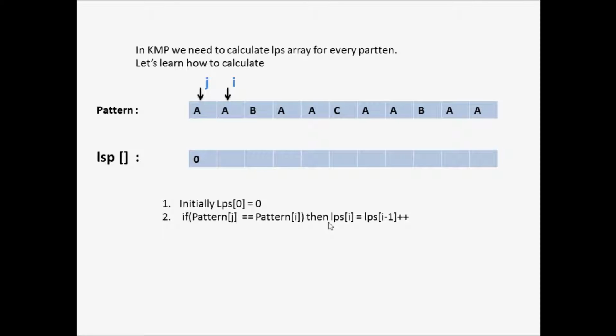If pattern of j and pattern of i are equal, then LPS of i equals LPS of i minus 1 plus 1. Here the jth index is A and the ith index is also A, so both are equal. So LPS of 1 equals the previous value 0 plus 1, so that will be 1.